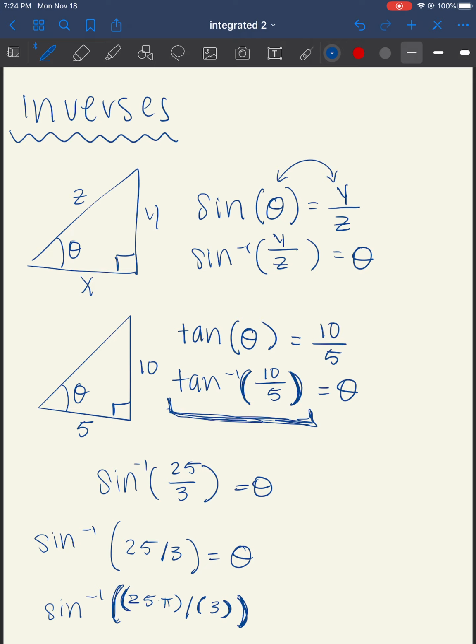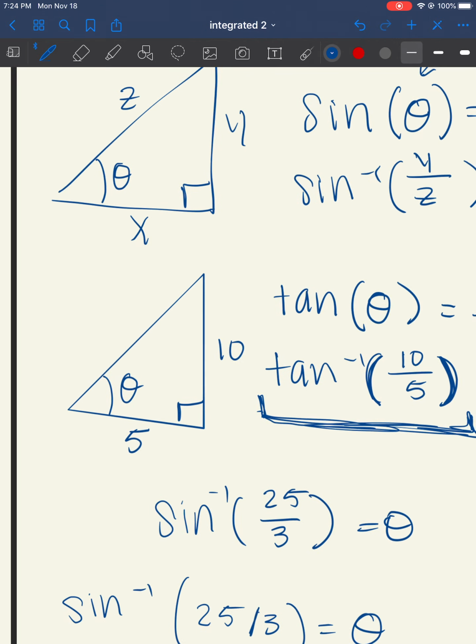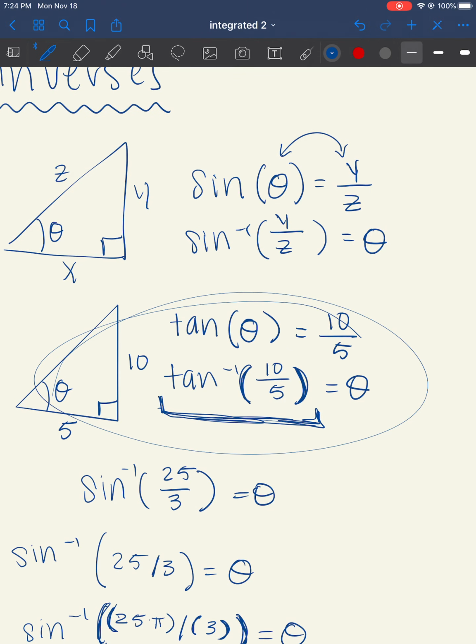You have to make sure to close the parentheses, otherwise it'll calculate it funny. So always make sure you open and close the parentheses within the numbers that you actually want, and that would also equal theta. So this is basically how you solve using inverses.